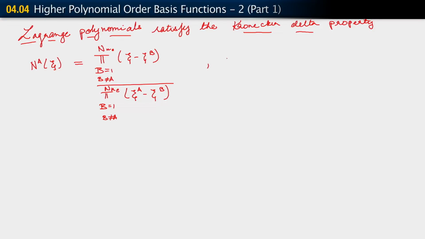And this holds, of course, for A equals 1 to the number of nodes in the element.